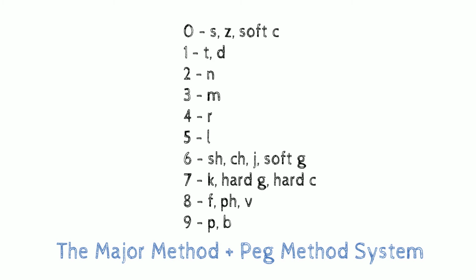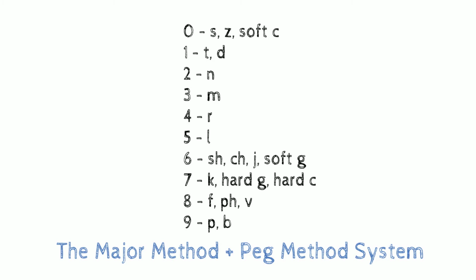For number 8, we have 3 similar sounding consonant letters. We have f like beef, f like phone, or v like ivy, or vow. For number 9, we have 2 similar sounding consonant letters, P or B. For P, you can think of a P, and for B, you can think of the insect bee.